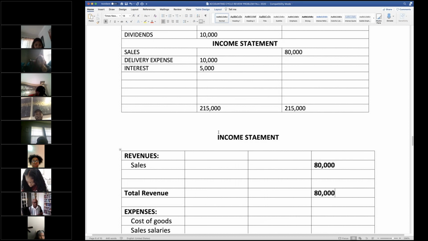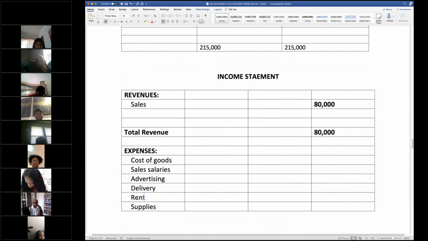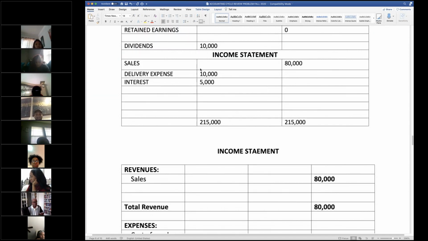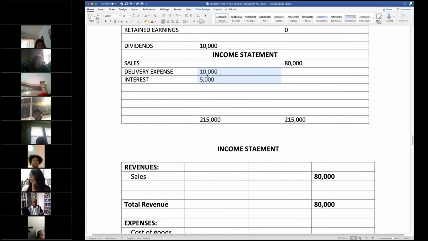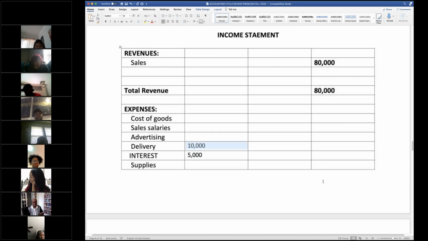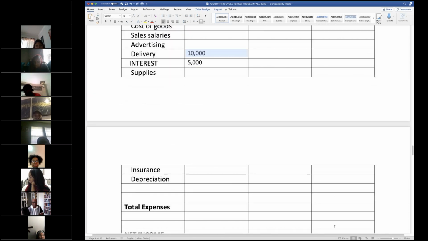Then we're going to put our expenses in, delivery and interest. Therefore, our total expenses are 15,000.